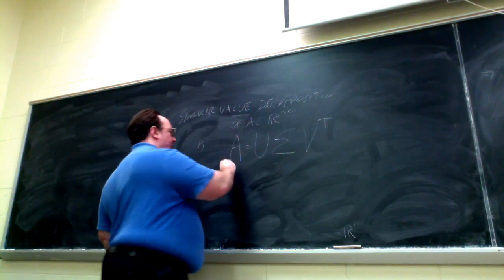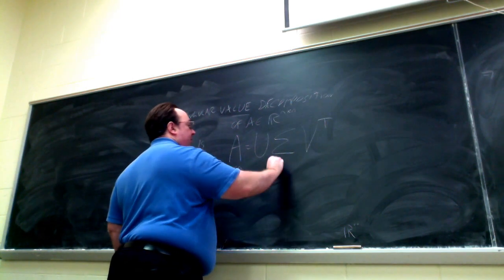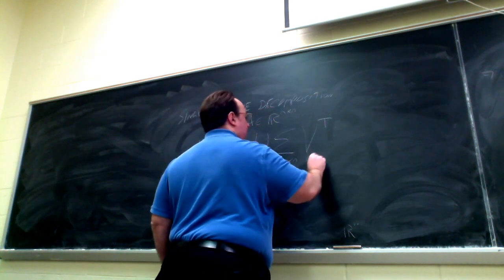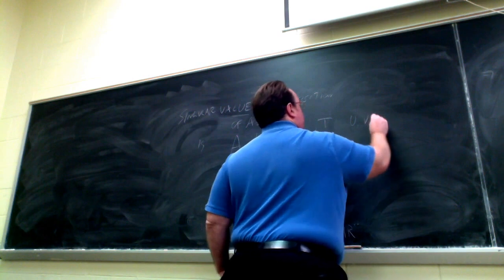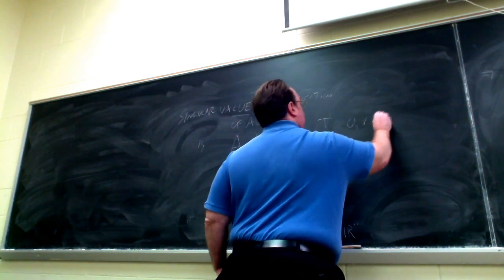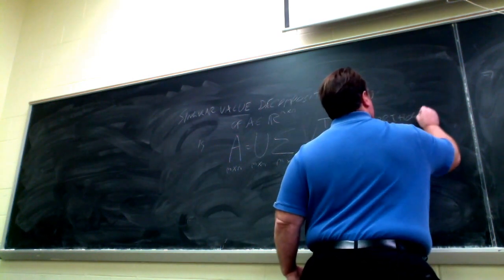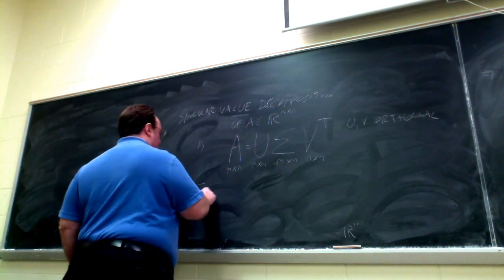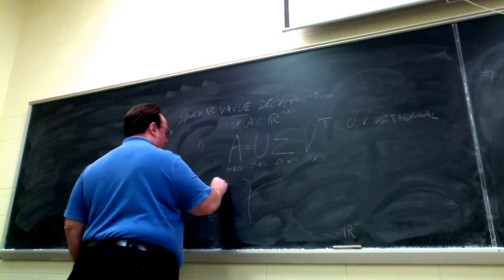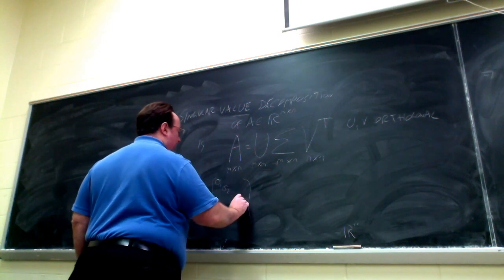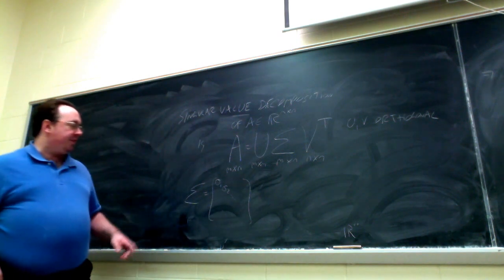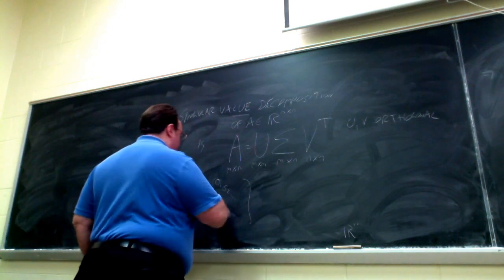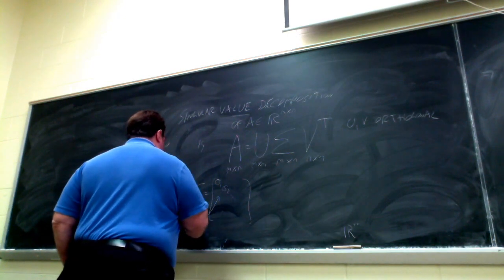So A is m by n, and so is sigma, the same size. U is m by m, V is n by n. U and V are orthogonal. Sigma has this structure where the diagonal entries are the only non-zero entries, and these are the singular values.